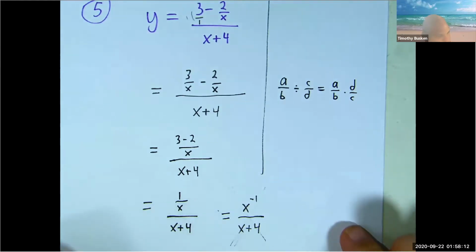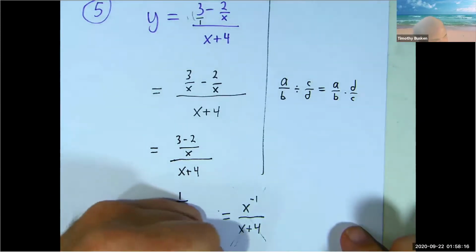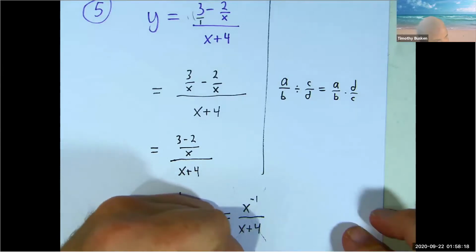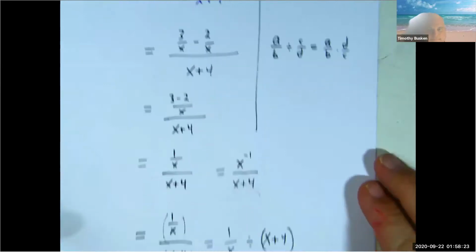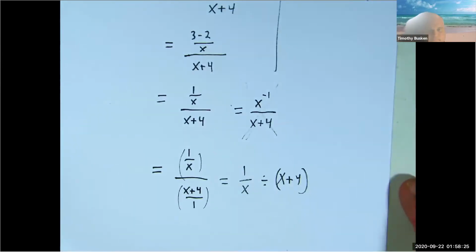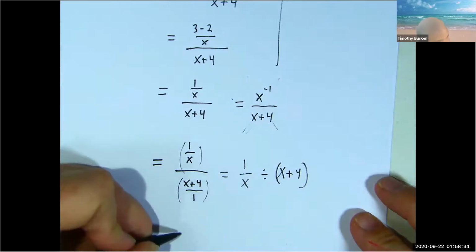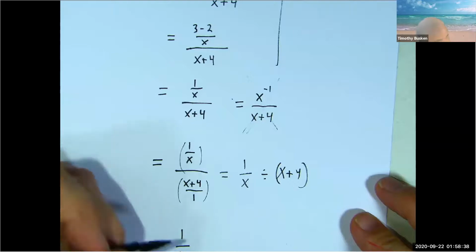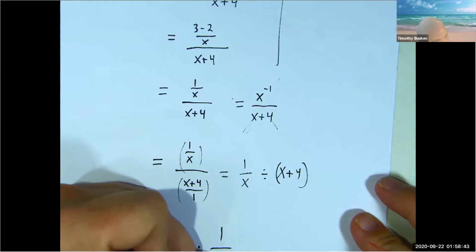So I've got a fraction divided by a fraction, right? It's 1 over x divided by x plus 4. And so by the definition of division of fractions, that's nothing more than 1 over x times 1 over x plus 4.